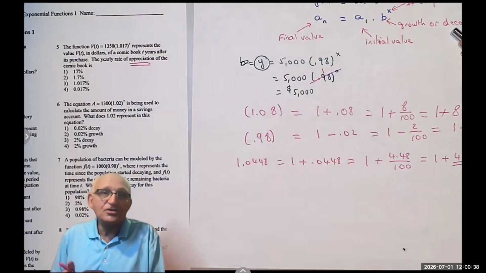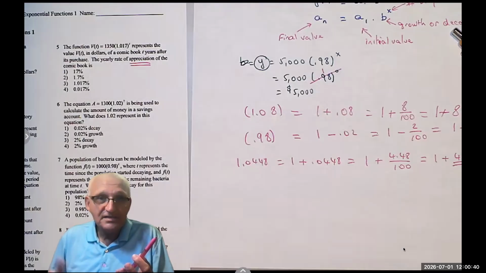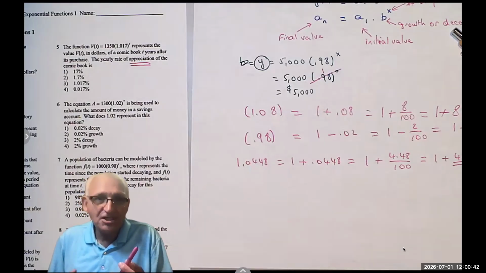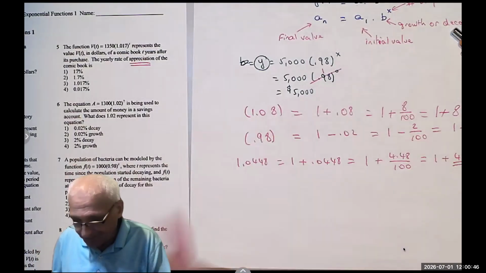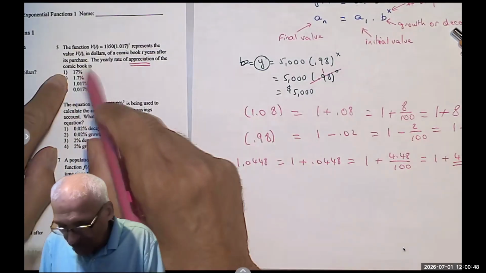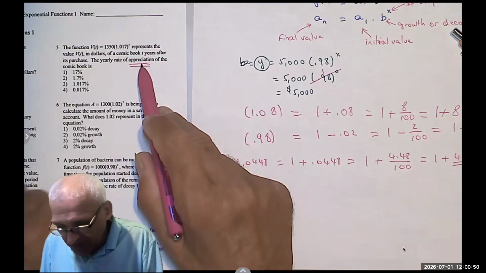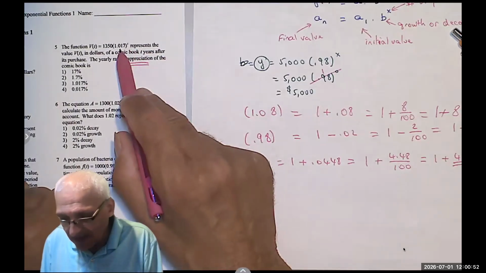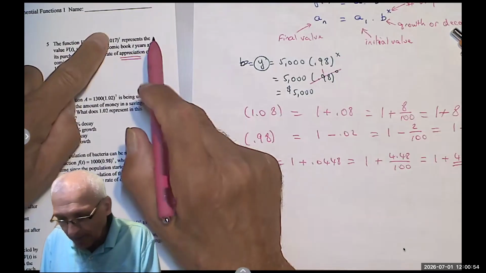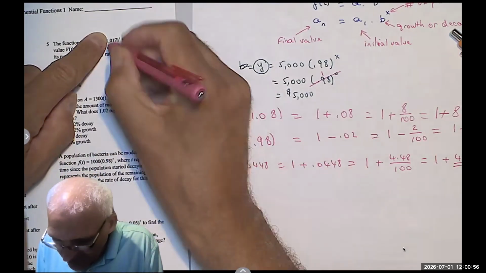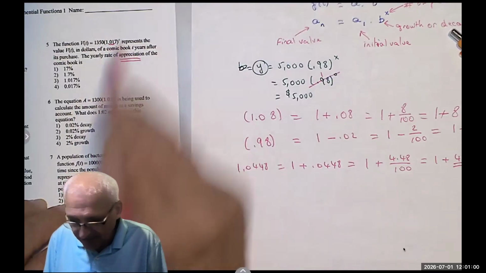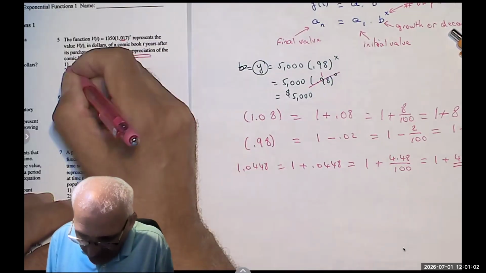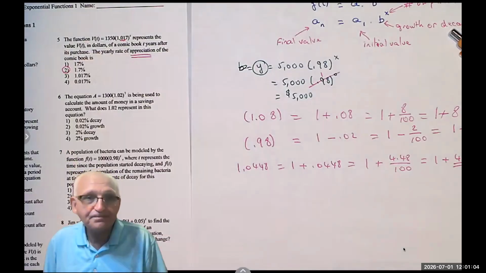Appreciation is another word for growth. Decay would be called depreciation. It depreciates, meaning its value gets smaller. Of this comic book, what is the percent? Notice, again, you subtract the 1, you multiply by 100 by moving the decimal place 2 units to the right, it becomes 1.7. So it's 1.7%, which is number 2.